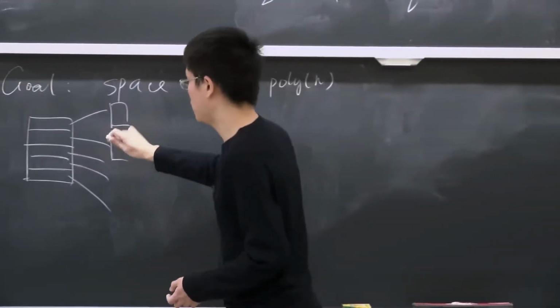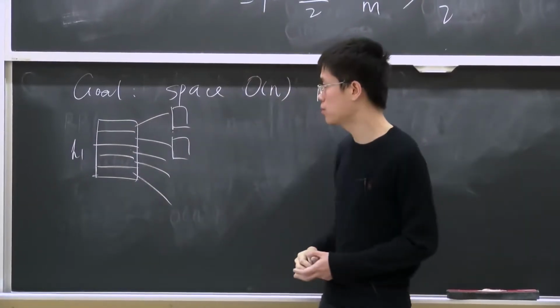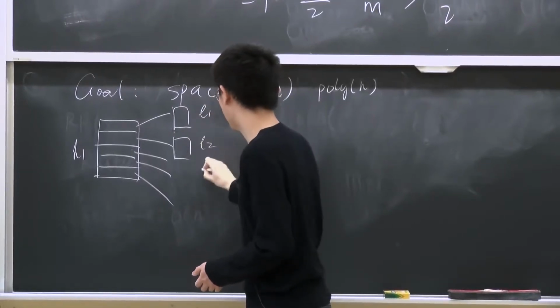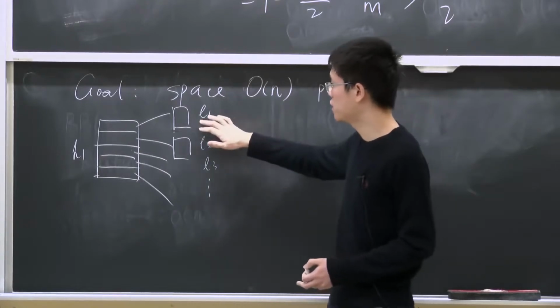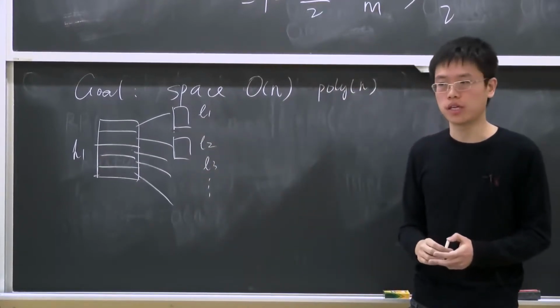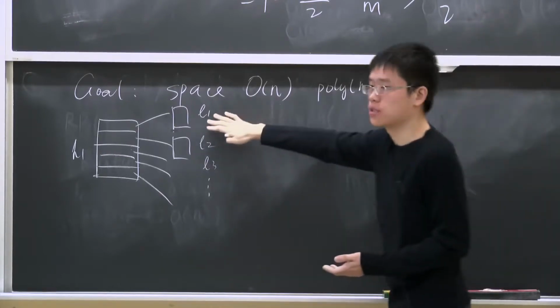So I choose an h1 first to hash my keys into bins. And for each bin, say I get L1 elements here, L2 elements here, and so on and so forth. I'll choose each of the bins to be a second-level perfect hashing. So we can use method 1 to choose this small one.